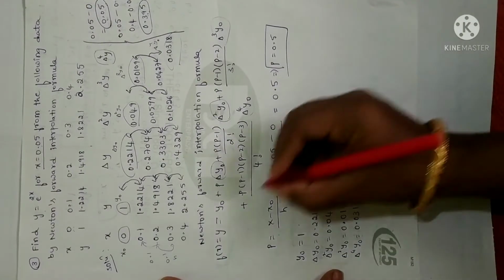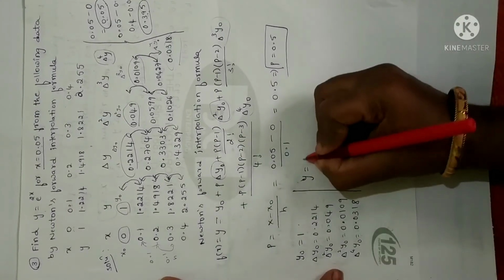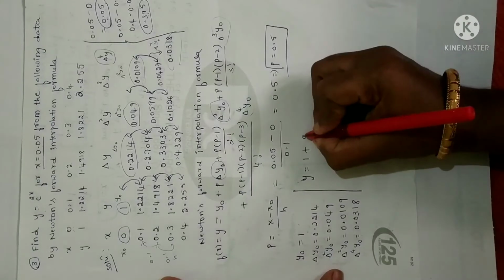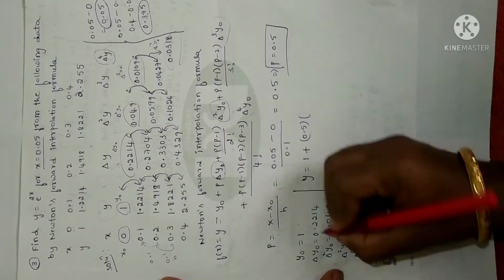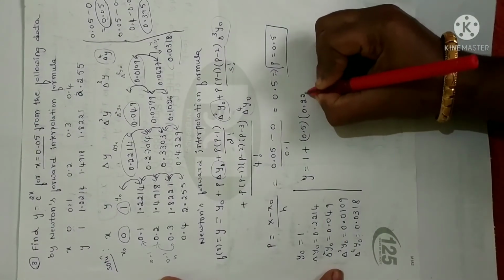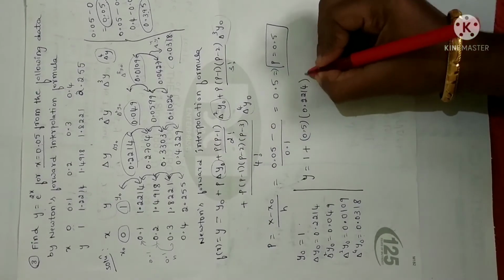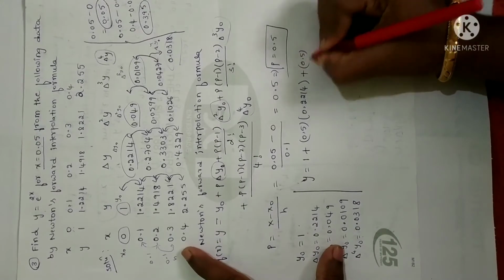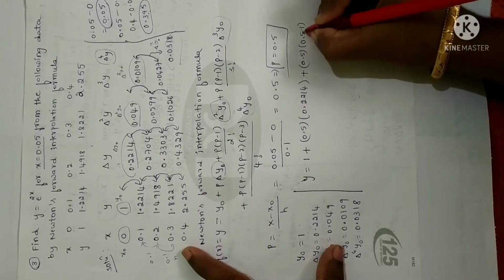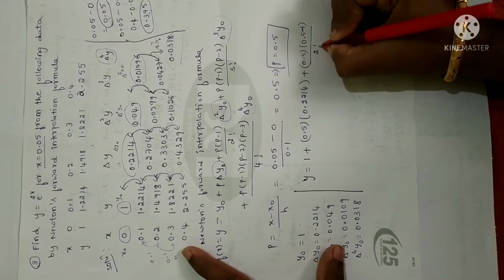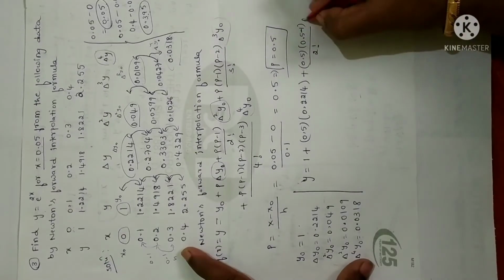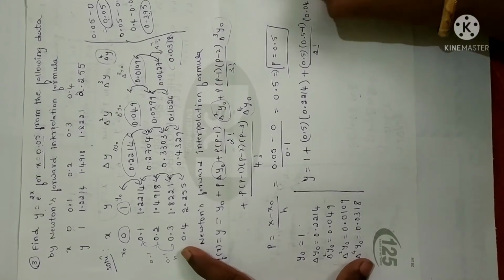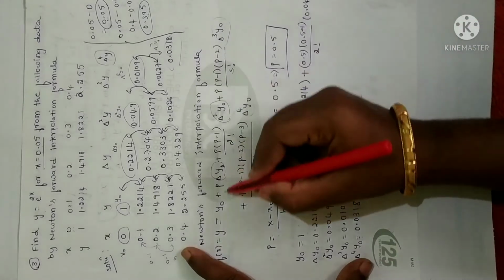So let me substitute. You will get y is equal to y naught, which is 1, plus p, which is 0.5, into delta y naught, which is 0.2214, plus p into p minus 1 divided by 2 factorial into delta square y naught, which is 0.049. Three terms finished, that is 1, 2, 3.